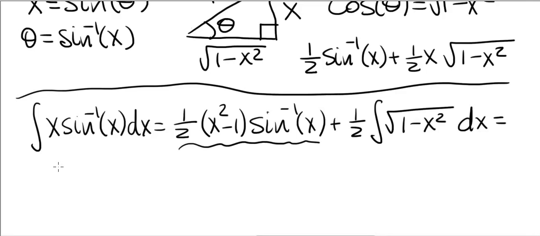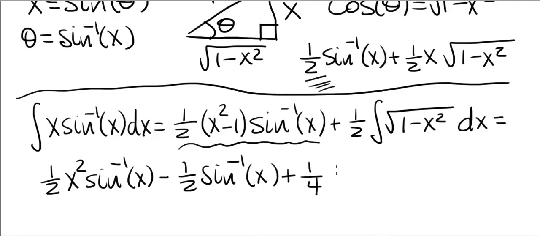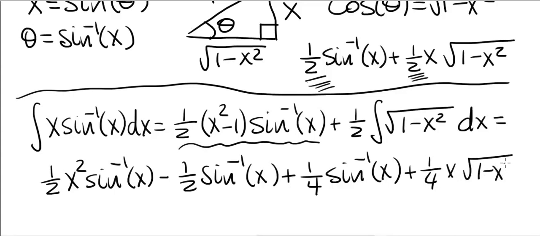So this is equal to 1/2 x squared inverse sine of x minus 1/2 times inverse sine of x plus 1/2 times 1/2 right here gives us 1/4 inverse sine of x, and then 1/2 again times 1/2 plus 1/4 times x times the square root of 1 minus x squared, and then we can add a c at the end.